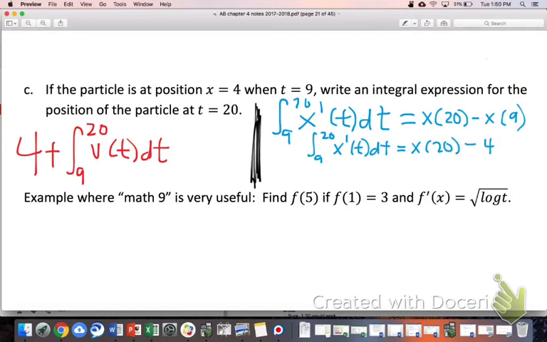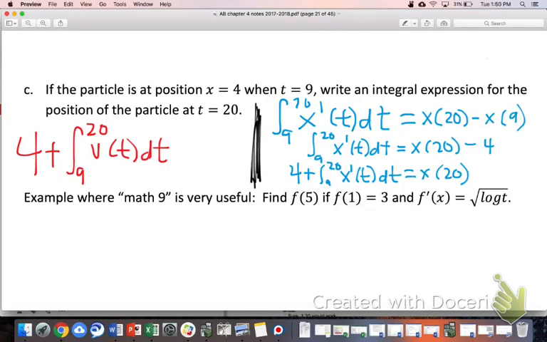And then couldn't we just add the 4 over? That would give us 4 plus the integral from 9 to 20 of x prime equals x of 20. So that's a little bit different because on the left we just have an expression, which is what was asked for, and on the right I've got a full equation. But do you see how the correct expression is within that equation, equaling the thing that we were supposed to find?